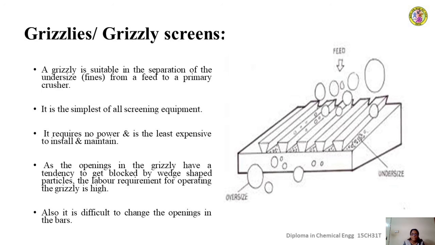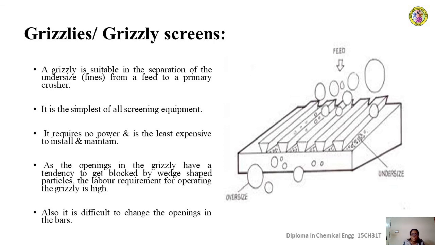Compared to all other screens, this is the simplest one because its construction is very simple. Also, it does not involve any kind of motion. No power is required as no movement of any parts of the screen is involved, and it is a very economical one, not expensive to install and also to maintain.